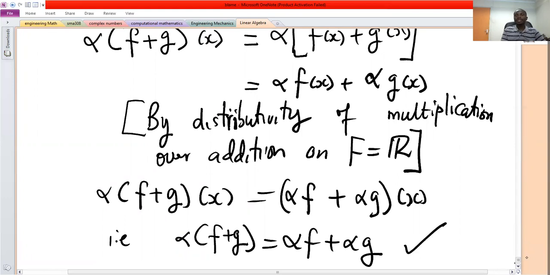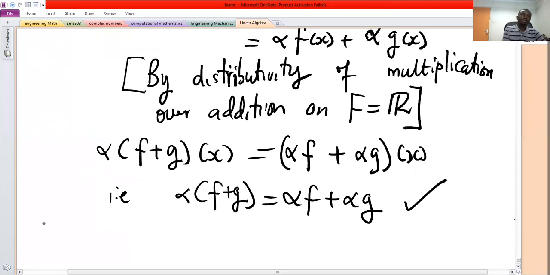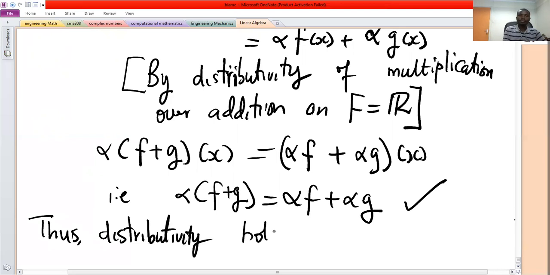And actually this is what we wanted to prove. So distributivity holds in this set of continuous functions.